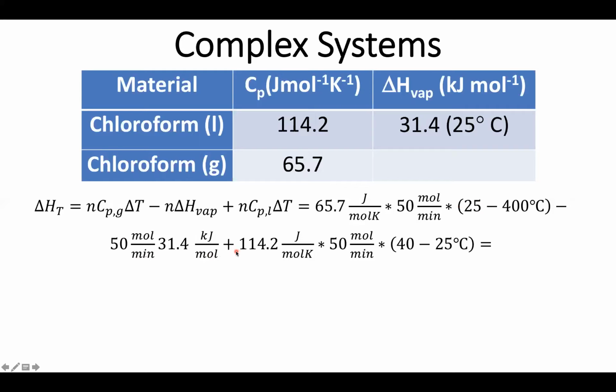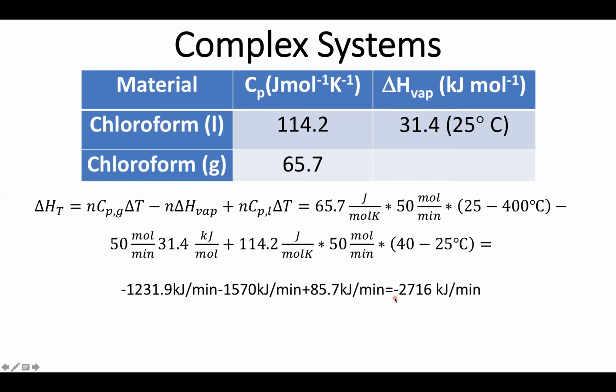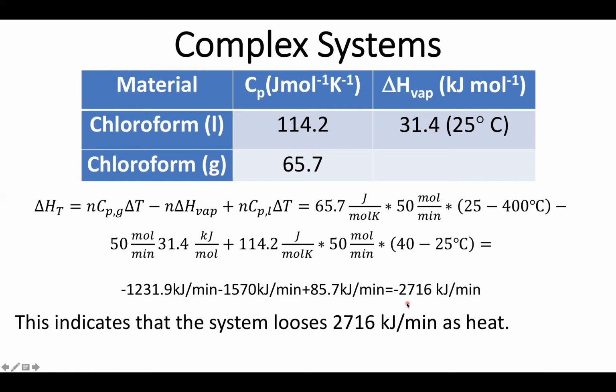And then again, how much energy it would take to heat it from 25 to 40 degrees C. So in this case, each of these individual components will not be reflective of what physically happened, but their overall function will still get me to the right point, indicating that my system's going to lose about 2.7 megajoules of energy per minute as heat. So again, this helps show how we can take rather large, complex problems and break them into subtler bits.